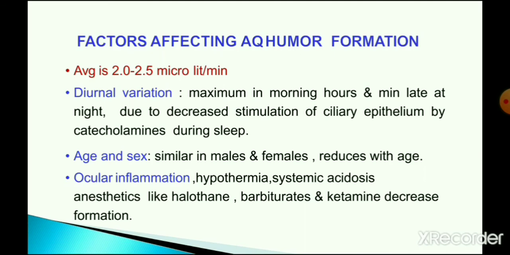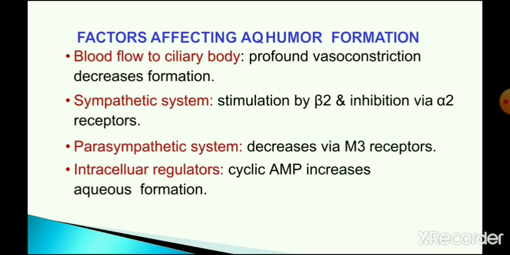Ocular inflammation, hypothermia, systemic acidosis, and anesthetics like halothane, barbiturates, and ketamine decrease the formation of aqueous humor. Blood flow to the ciliary body: profound vasoconstriction decreases the formation of aqueous humor.